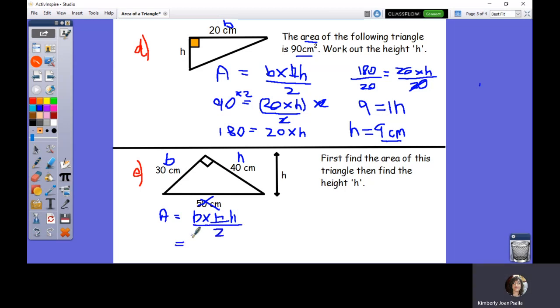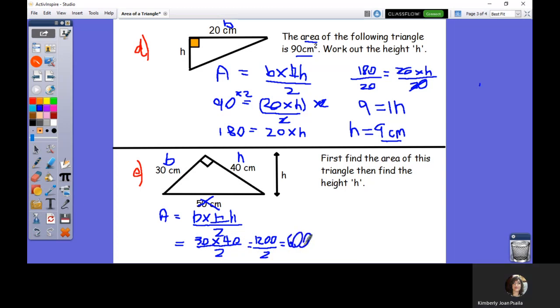Instead of B, I can write 30 multiplied by its height, which is 40, divided by 2. So 30 times 40 gives us 1200, division by 2. So 1200 division by 2 should give us the answer of 600.